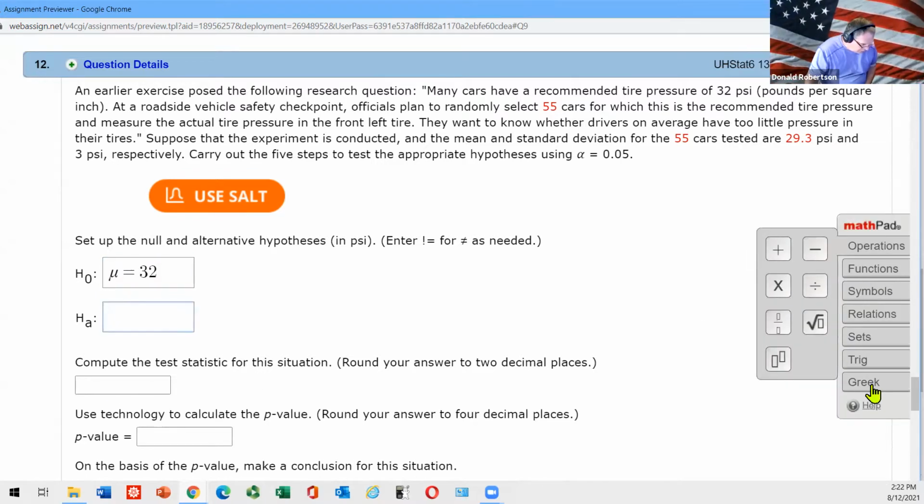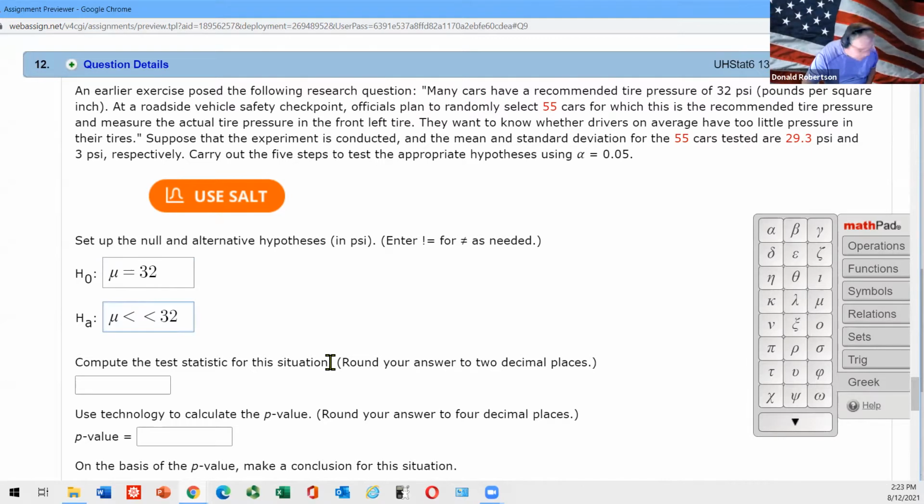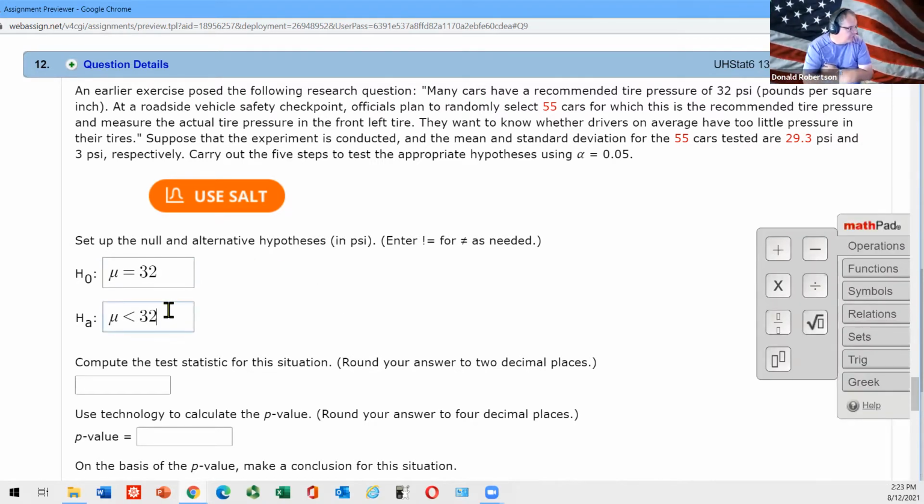And we are going to check, is mu less than 32? That was, oops, too many less thans. We're going to check that as our alternate, right? Because we think that actually people underinflate their tires. Are we okay with that? The null is what it should be, and we think there's evidence to prove that it's less than that.